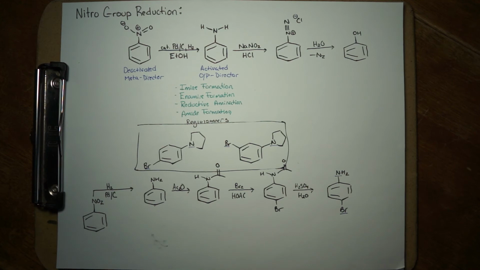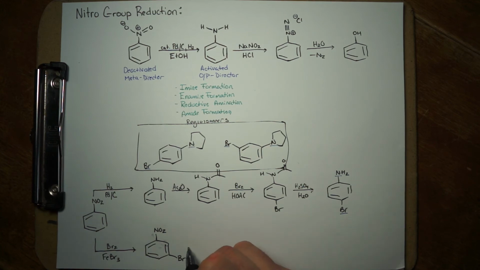If we want to make the meta-bromoaniline, what we would do is, rather than reducing first, we would start out with a bromination. And in this bromination, I'm going to introduce a different Lewis acid. We've been using aluminum trichloride. Iron tribromide is another common Lewis acid that you can use for electrophilic bromination of a benzene ring. When we do this bromination, we would expect only one bromine to go on, and it would be added to the meta position relative to the nitro group.